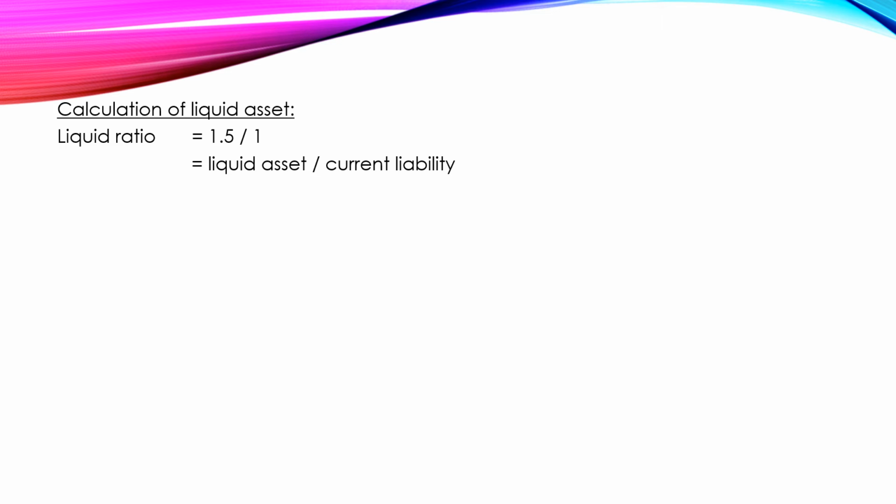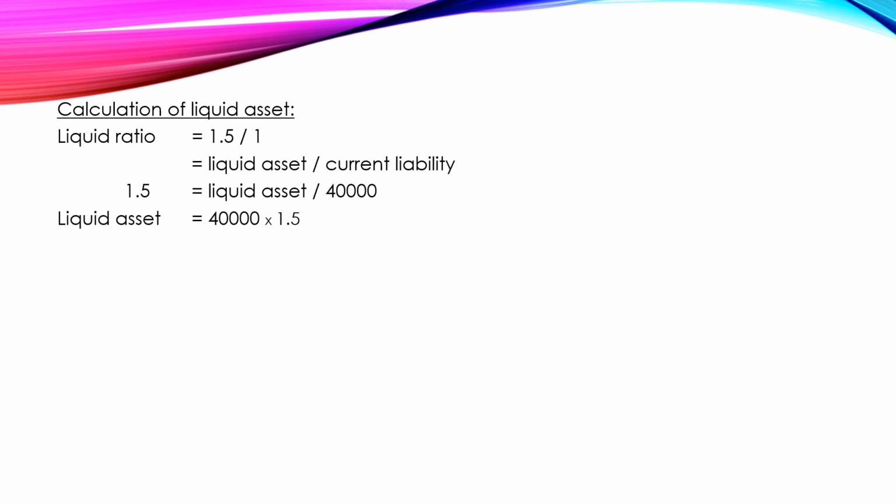Going to calculate liquid asset. Calculation of liquid asset. Liquid ratio is equal to 1.5. Liquid ratio formula is equal to liquid asset divided by current liabilities. 1.5 is equal to liquid asset divided by 40,000.